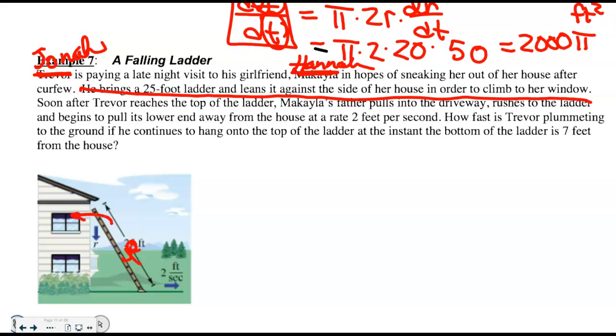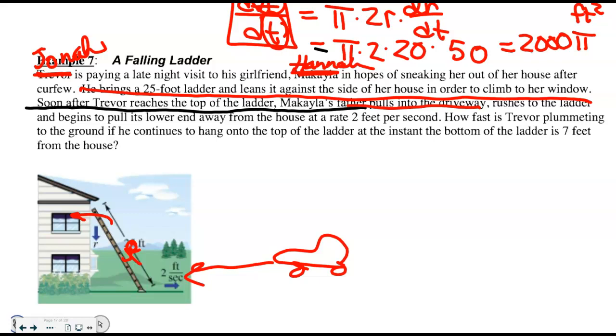Naughty, naughty, naughty. And this problem does scream calculus to me. Actually, it's a dumb stem of a problem, but they get better. All right, so soon after Jonah reaches the top of the ladder, Hannah's dad pulls into the driveway.